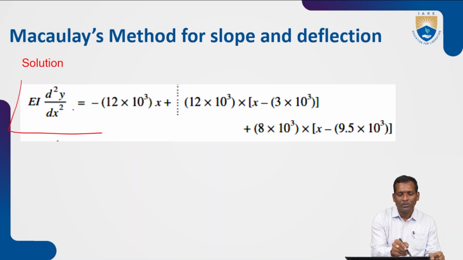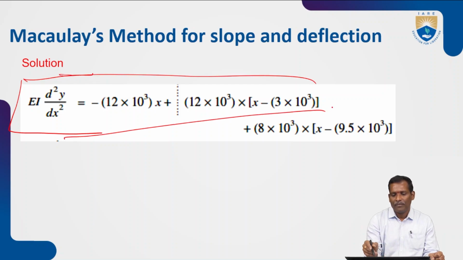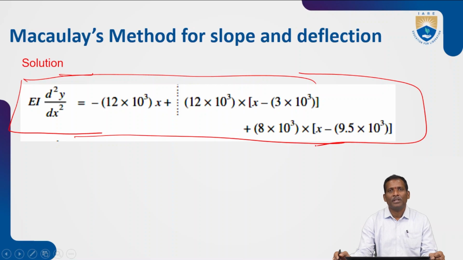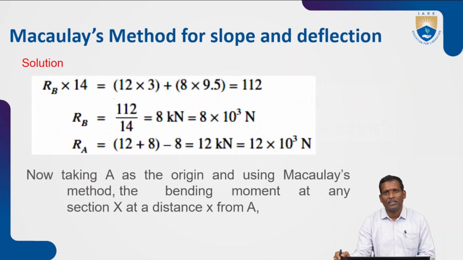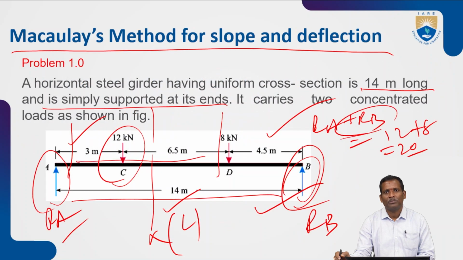So EI into d square y by dx square is equal to minus 12 into 10 cube into x plus 12 into 10 cube into x minus 3 into 10 cube. So what is this 12 into 10 cube?